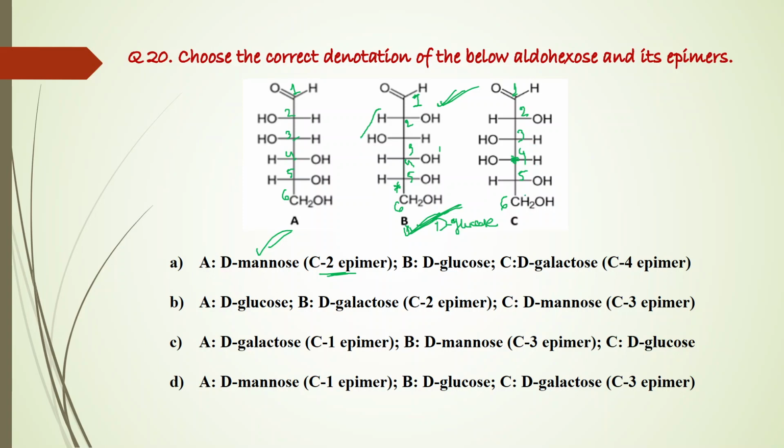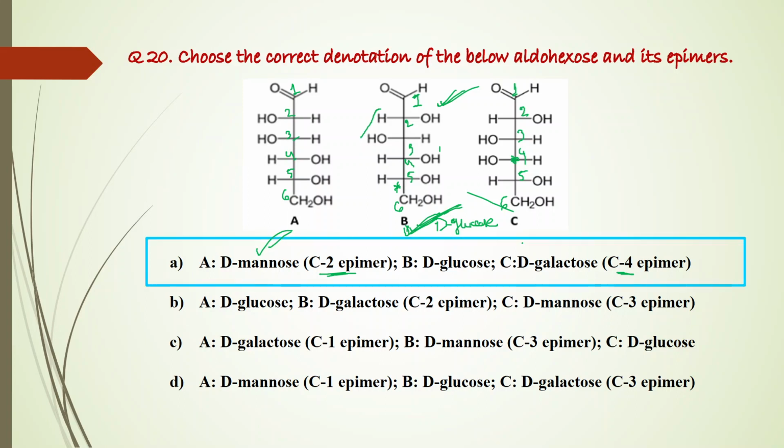So C should be a C4 epimer of B. The C4 epimer of D-glucose is D-galactose. So the correct option for question number 20 should have been option A. A is D-mannose, which is a C2 epimer of D-glucose.